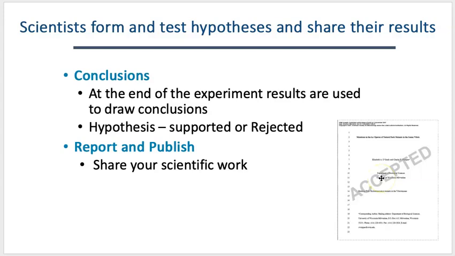If they feel that there are holes in the article or holes in your experiment, then what they often do is they will not accept the work and they will give you a lot of feedback on how you can go back and reevaluate, and then you can resubmit. It's very, very important that results get published, because again, it's a way for us to share knowledge within the scientific community.